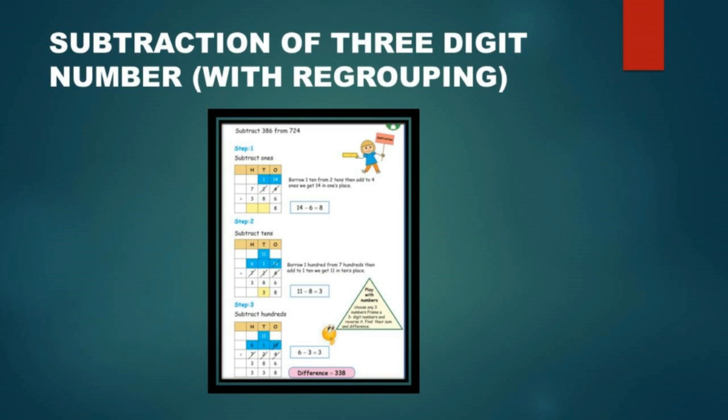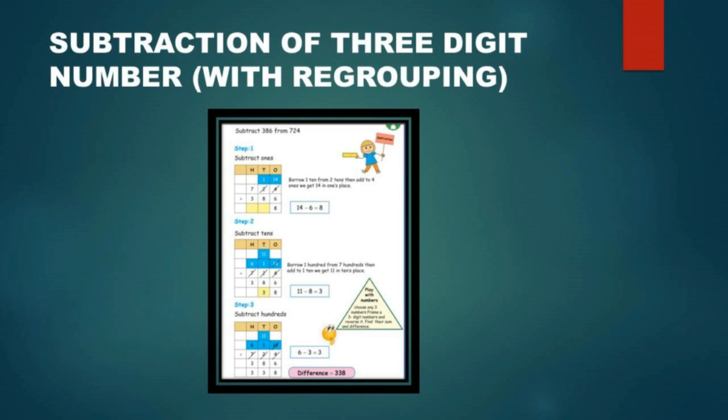In ones place, we are having 4, 6. Can we subtract? No. So, we are borrowing from tens place. In tens place, we are having 2. Then the 2 becomes 1. This 4 becomes 14. In ones place, we are having 14 minus 6 is equal to 8.